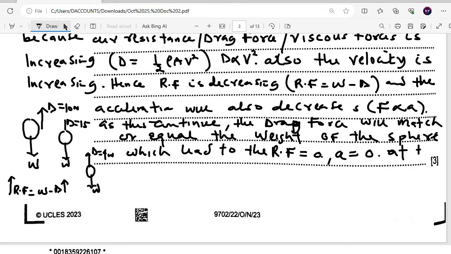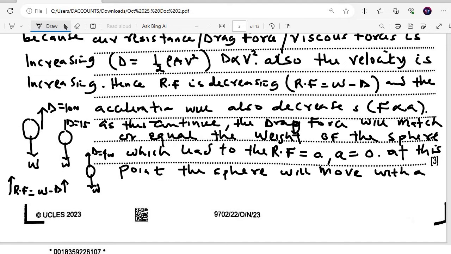At this point, the sphere will move with a terminal velocity.